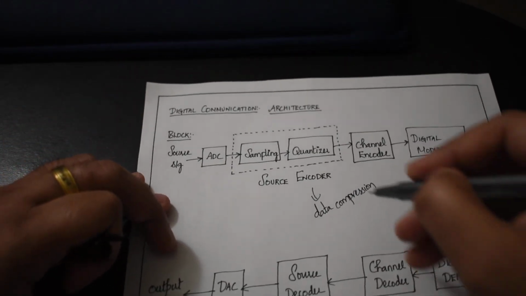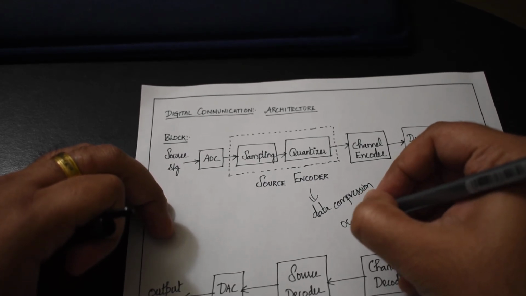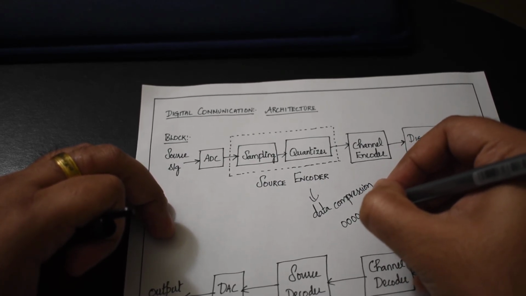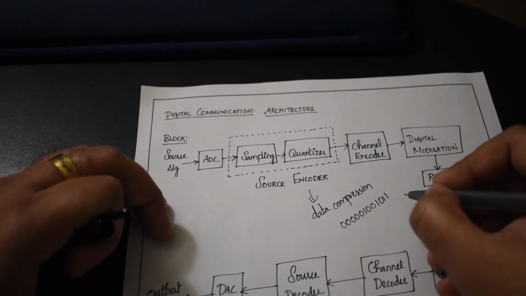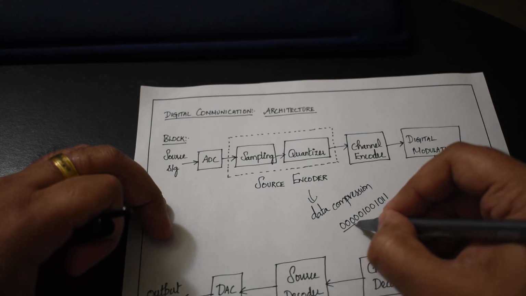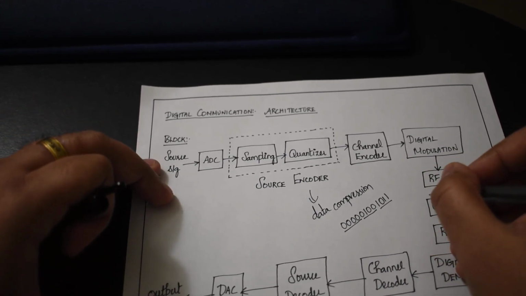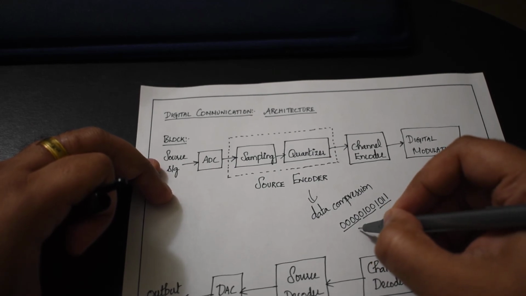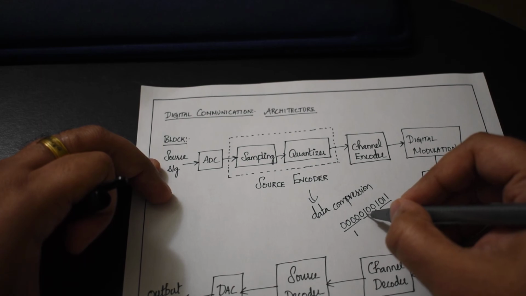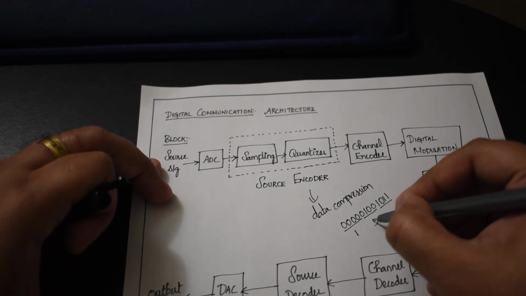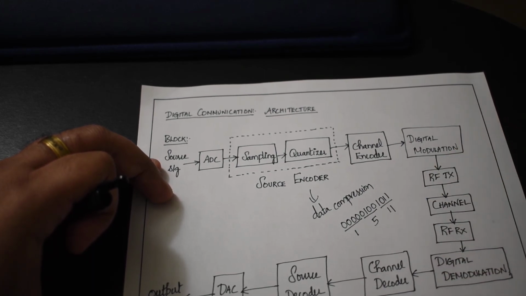So for example, let's say you have 0 0 0 0 1 0 0 1 0 1 1, some random numbers. What we'll do is group 4 bits together to represent a certain value. So if there are 4 zeros, let's assume that it is called 1, and if it is 0 1 0 0, which means 5, something like that, or this could be 11 or something like that.